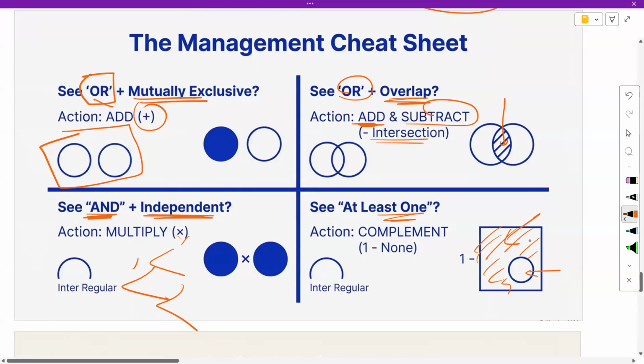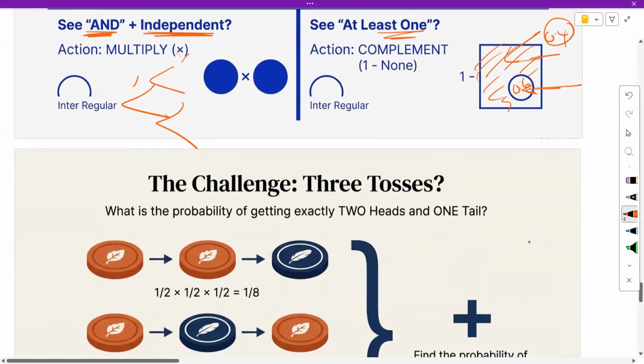Say for example, the outside area equals 0.4, then what is the value of this area? 0.6. So this is the complement of the outside area.